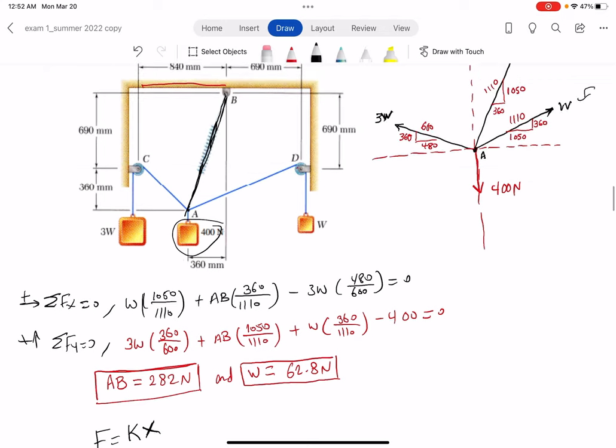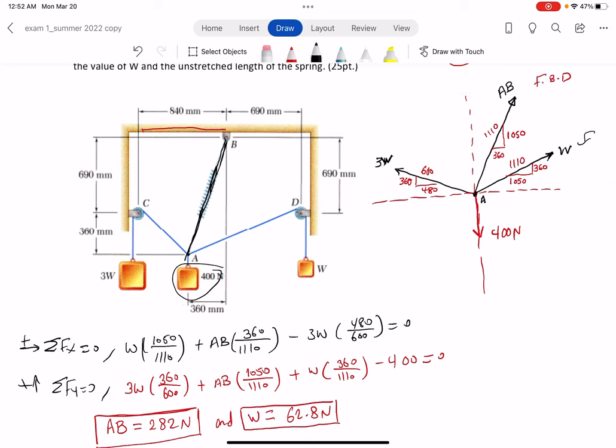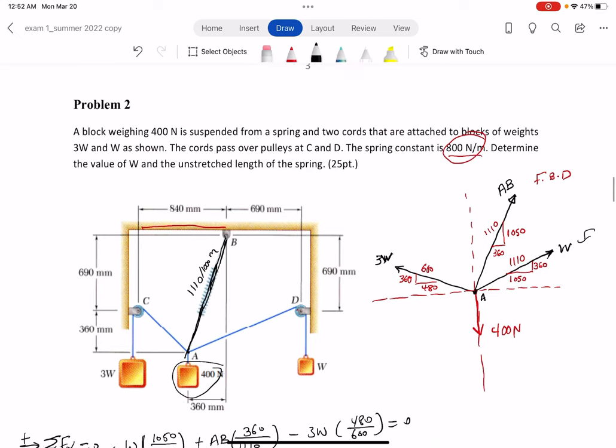We found it out: 1110, and this is in millimeters, so you divide by 1,000 to make it meters. You can notice that K here is 800 Newton per meter, so if you want to use meters, you have to convert millimeters to meters.